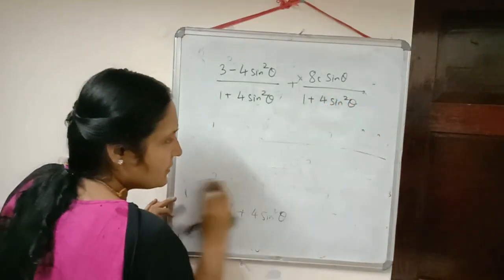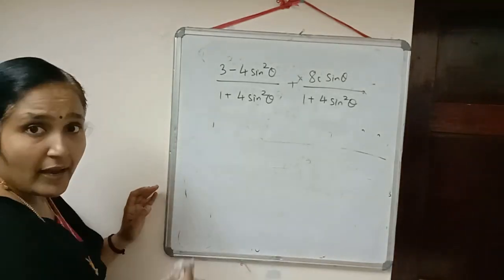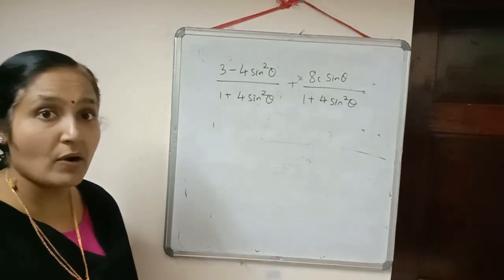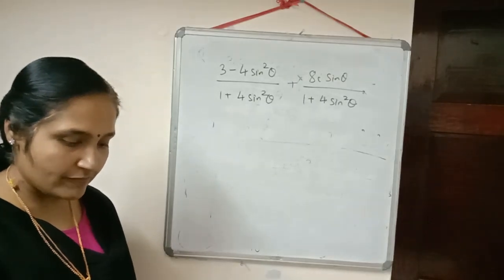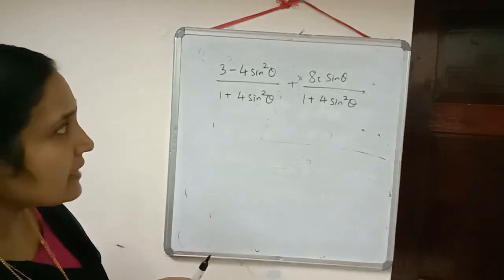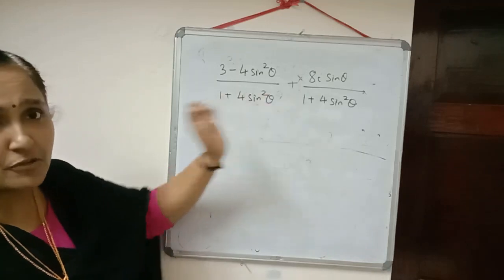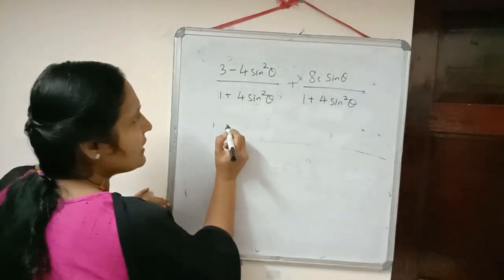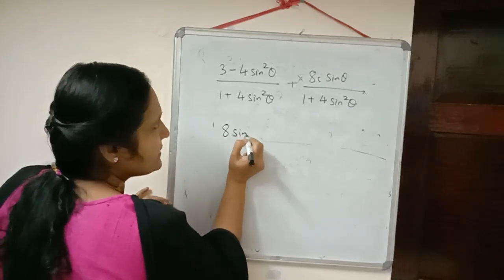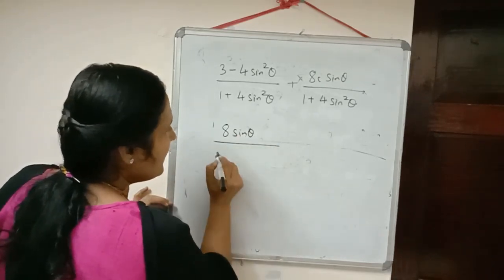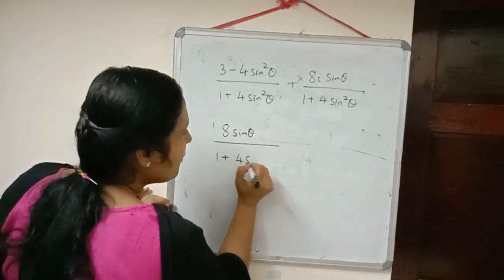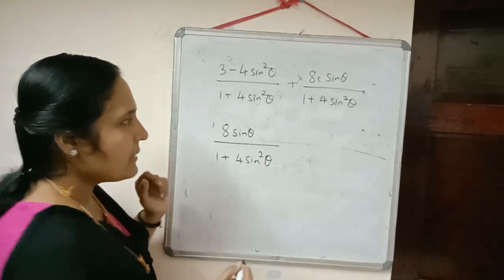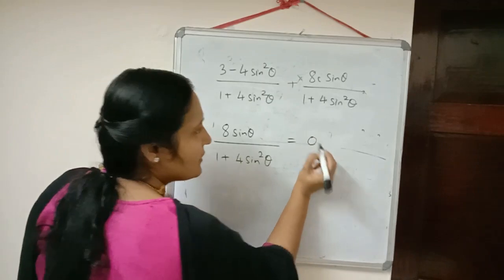Now according to the question, they asked to find that value of theta so that this number should be purely real. So its imaginary part should be equal to 0. The imaginary part we have here is 8 sin theta by (1 plus 4 sin square theta). So its imaginary part should be equal to 0.